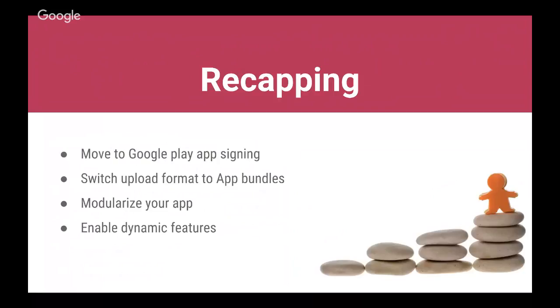So initially, when the app is installed, only the base module gets installed with basic functionality that everybody likes or uses. And then based on user preference, as the user explores more portions of the app or newer features in the app, you can download those modules directly from Play Store.